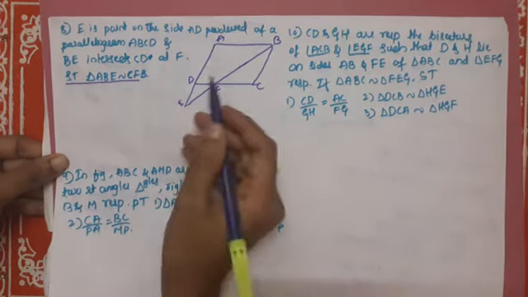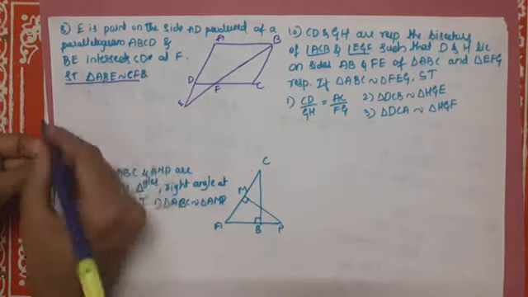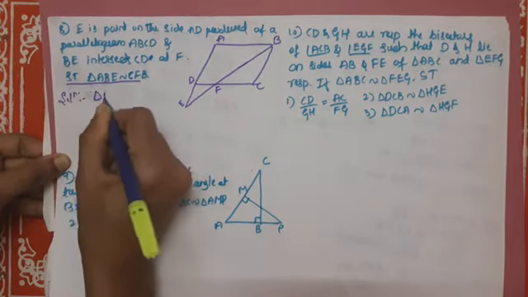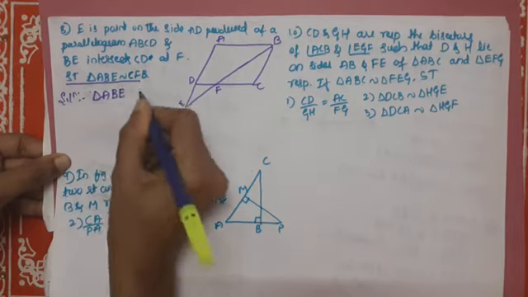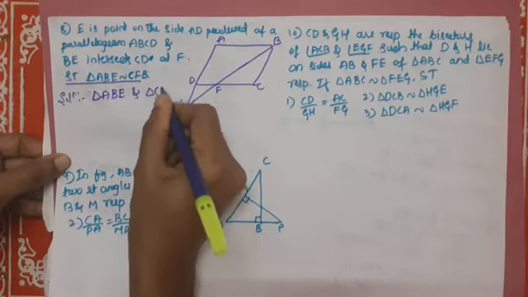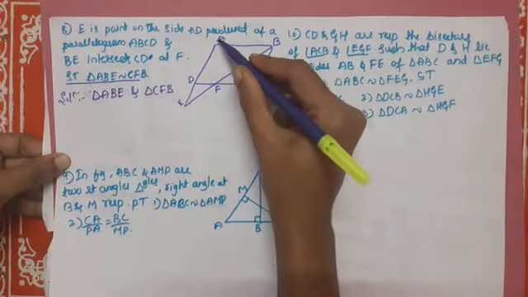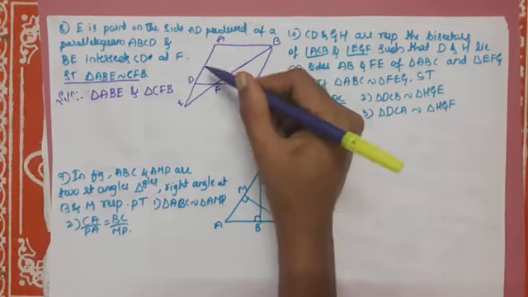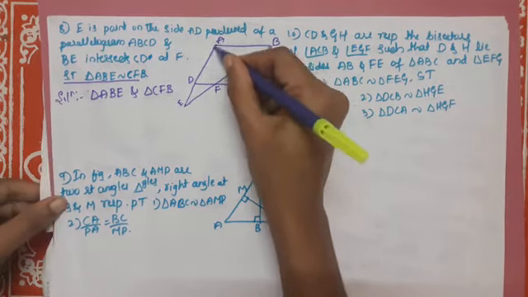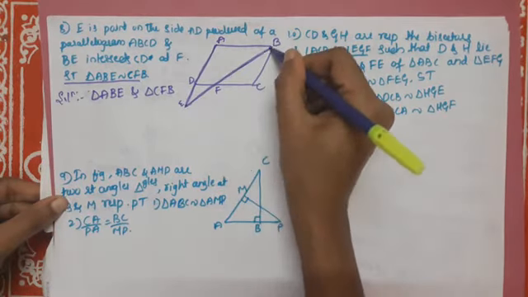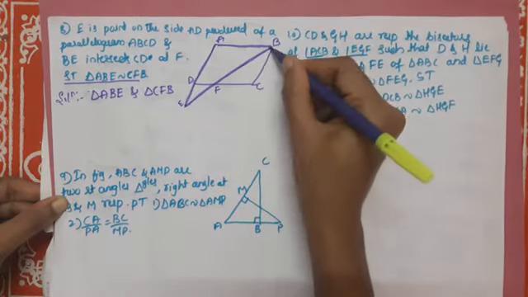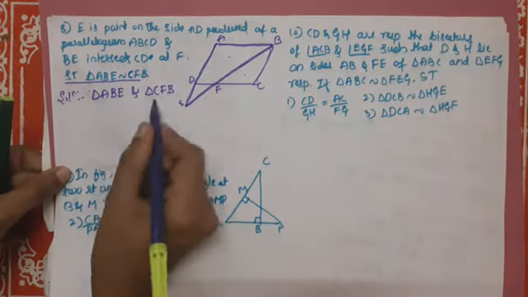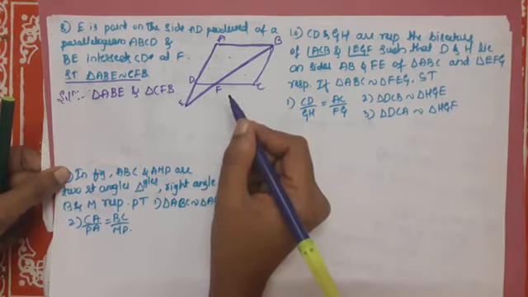So in this triangle solution, in triangle ABE and triangle CFB, these two triangles, we need to prove that the two are similar.